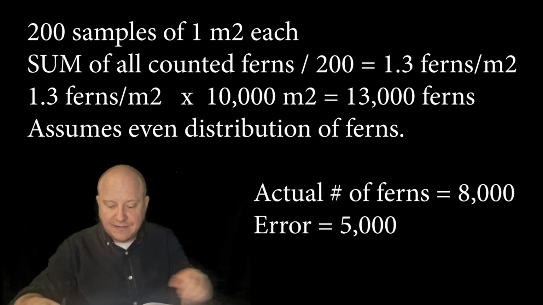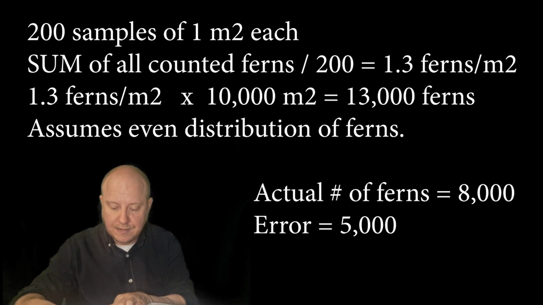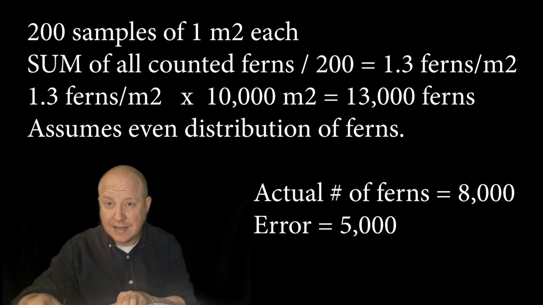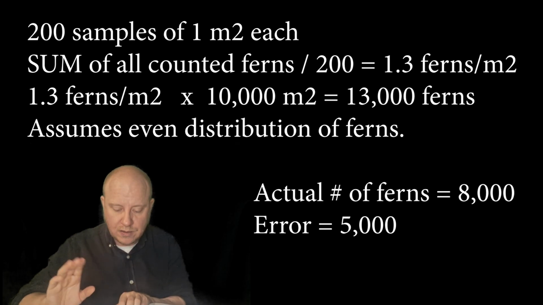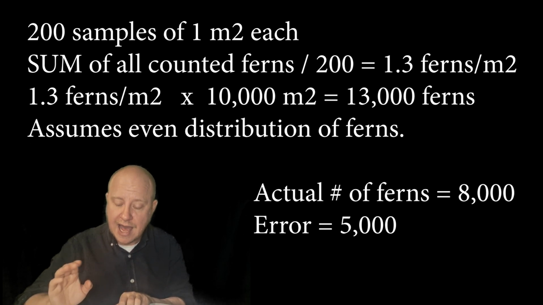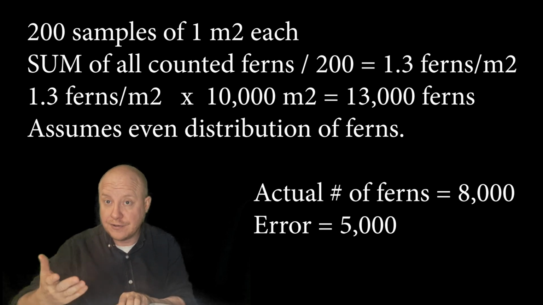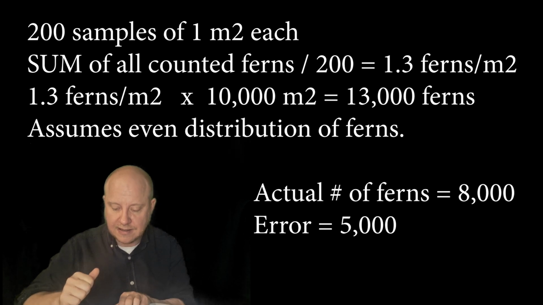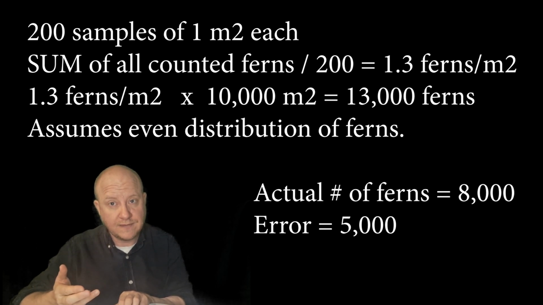Random sampling inevitably results in sampling error. The difference between an estimated population size and the true size of the whole population is the sampling error. If ecologists randomly take 200 samples from a prairie that are 1 square meter each and determine that the average number of ferns in each square meter is 1.3, they can deduce that if the prairie is 10,000 square meters, the total population should be 13,000 ferns.